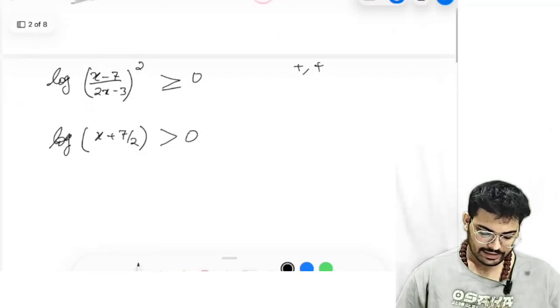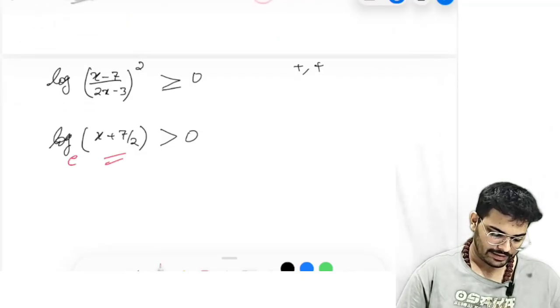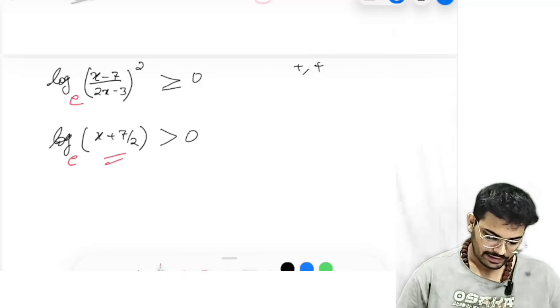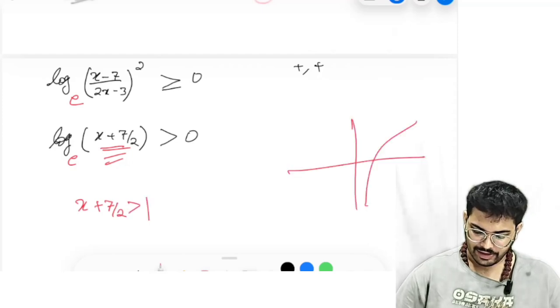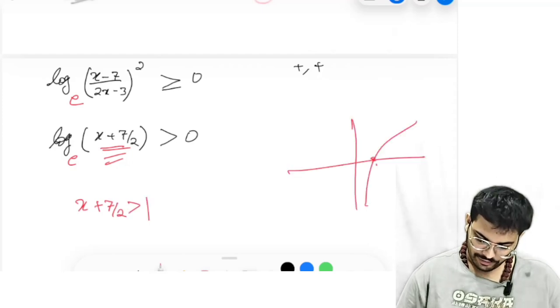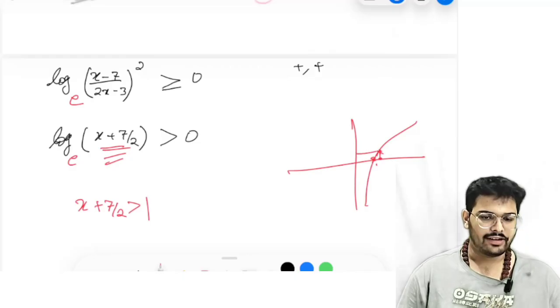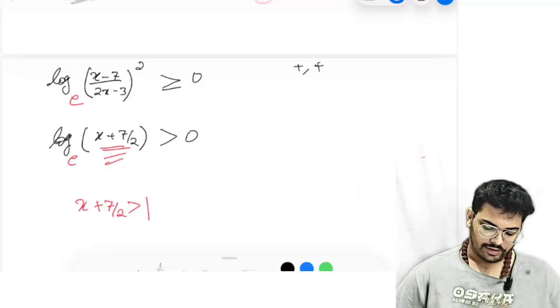Now for getting the denominator positive: when the base is e by default, log 1 is 0, therefore x plus 7 by 2 should be greater than 1, because the graph is like this. At x equal to 1, the y value is 0. When you give a slightly bigger value than 1, the log becomes positive.